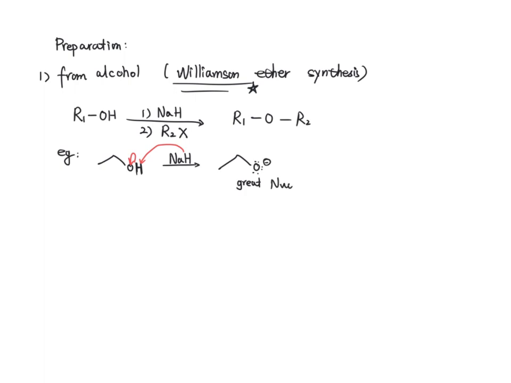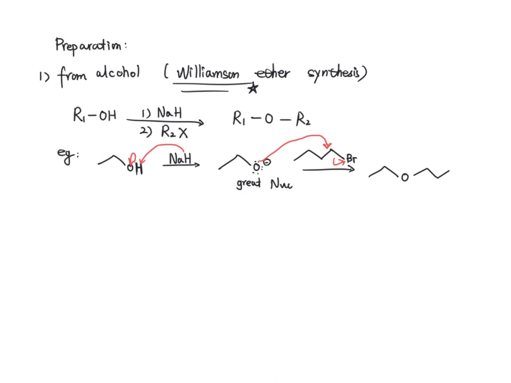So if we have a great nucleophile, especially in this case, a primary alkyl halide, what happens here is it will have an SN2 reaction going on. It attacks this carbon here and kicks off the leaving group at the same time. So what we are generating here is this ether.